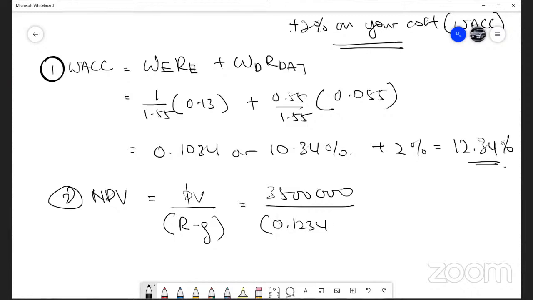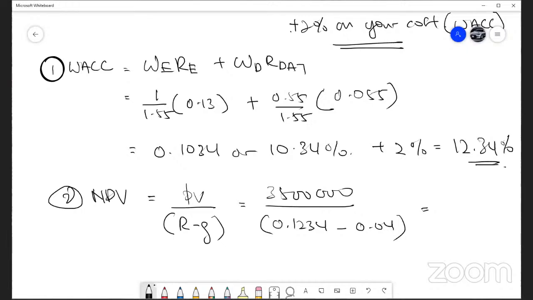0.1234 minus growth. Just now they told you a growth rate of 4% per year indefinitely. How do you know this is a constant growth rate? Because it's 4% per year indefinitely. So 3.5 million divided by 0.1234 minus 0.04.